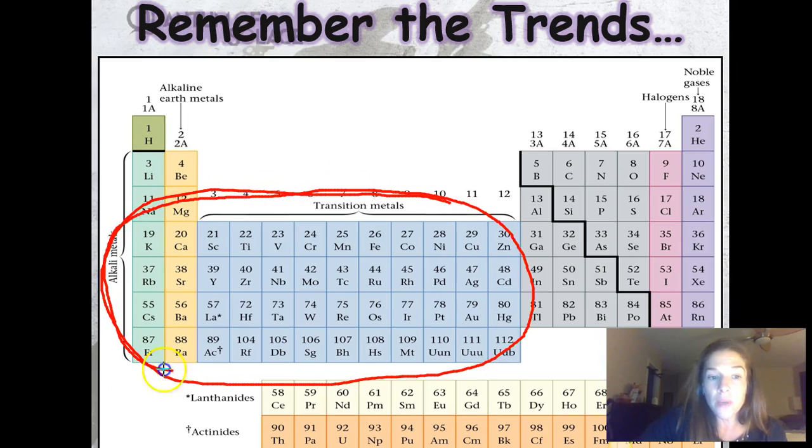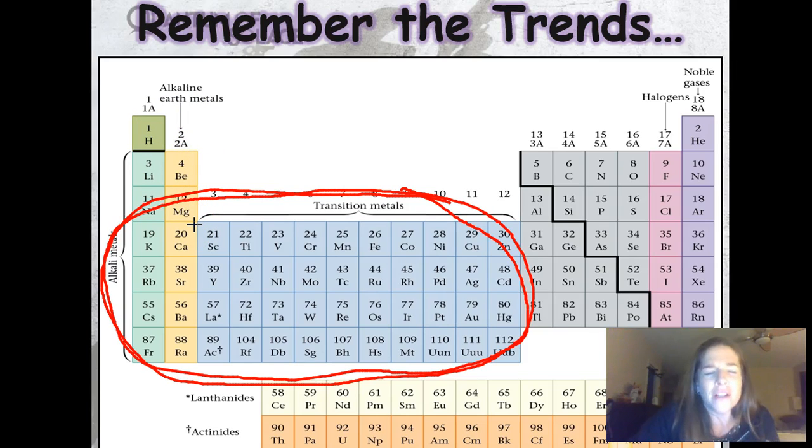And the reason that we call them metals is because they're kind of loosely hanging on to their electrons, okay? Especially when you look at the alkali metals and the alkaline earth metals, they have 1 or 2 valence electrons. They really don't hang on to them very tight, right?